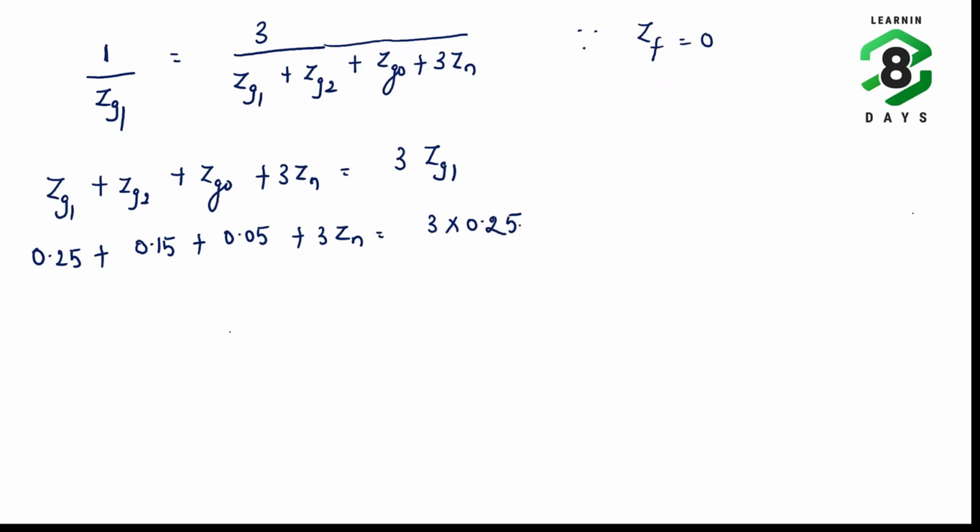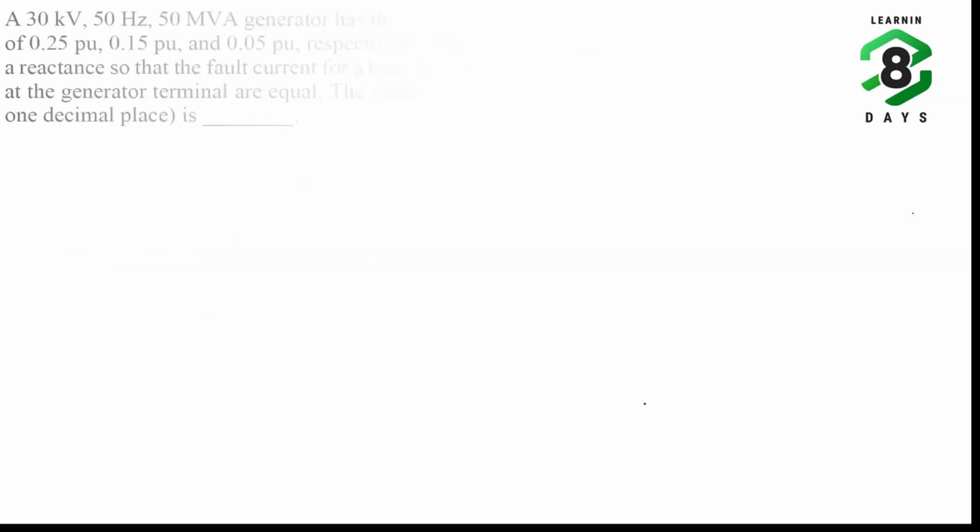From this, you get 0.2 plus 3Zn is equal to 0.5, so your Zn value will become 0.3 divided by 3, that is 0.1 per unit. That is the per unit neutral grounding impedance that you have to connect.